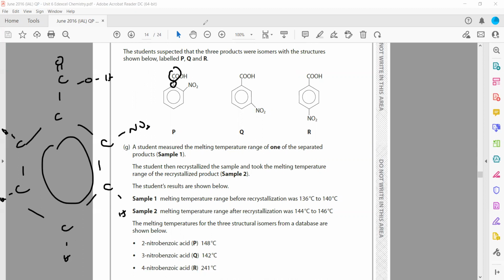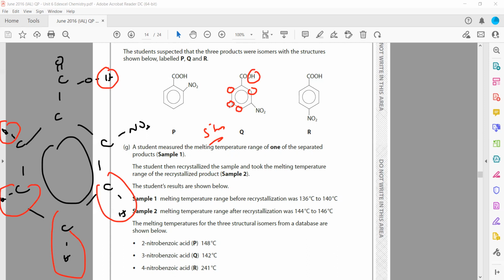So when we check the number of hydrogen environments, how many are there? This is one hydrogen environment. This is the second hydrogen environment. Because they're different, this is next, third, fourth, and 5 hydrogen environments. For P, 5 hydrogen environments. So P and Q will have 5 hydrogen environments.